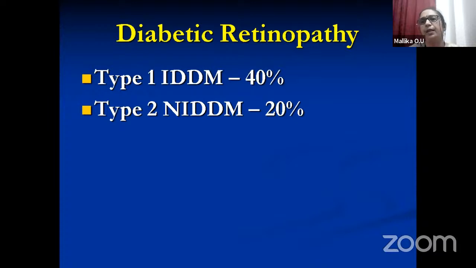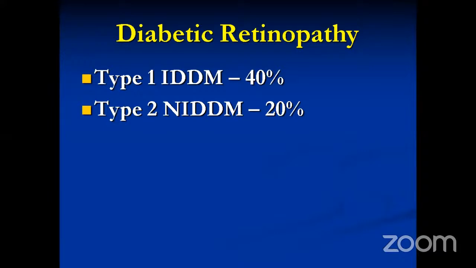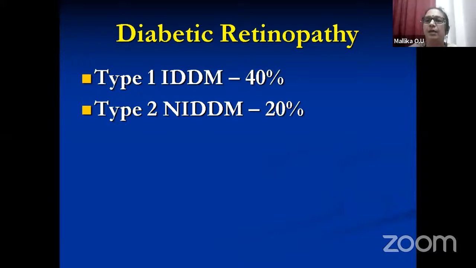This disease is a very, very important cause of preventable blindness in the world, and it is very important to screen the patient to rule out diabetic retinopathy. So why I am stressing is, so many patients are becoming blind because of neglect, either by themselves or by the treating physician, because they are not sending the patient for screening of diabetic retinopathy.